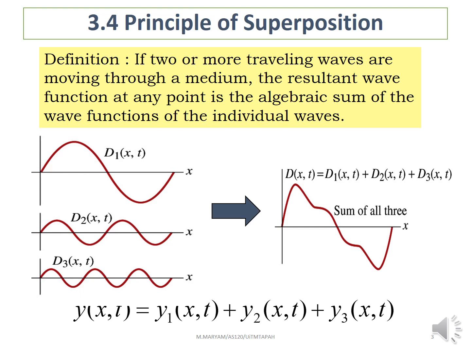Here, this one is represented by D1, this one by D2, and this is wave number 3, D3. The sum of all three equals D1 plus D2 plus D3 in terms of x and t. x is displacement, t is time.